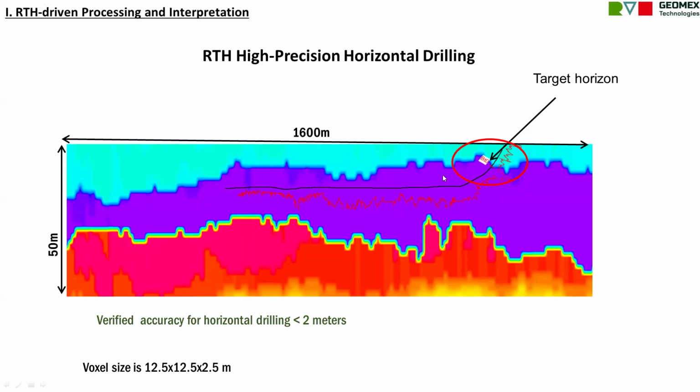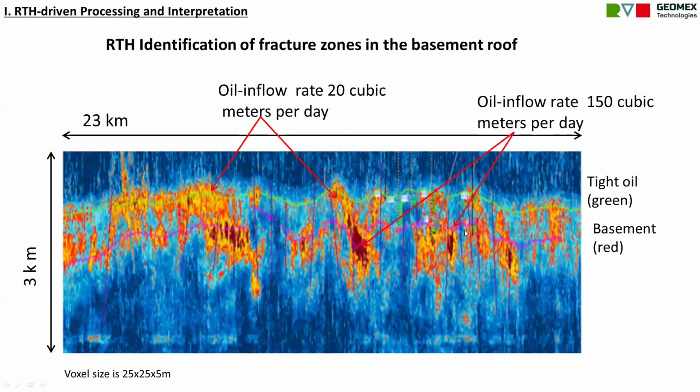We predict the point of entrance into the target horizon, and our prediction accuracy is not more than about 2 meters, 1 meter, about the target horizon, checked against real data after our prediction. This is the result of our amplitude prediction for fracturing.